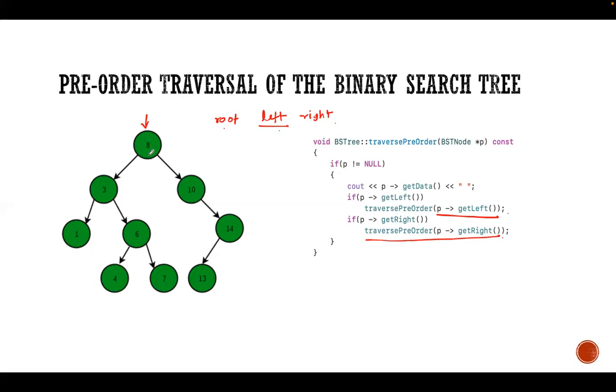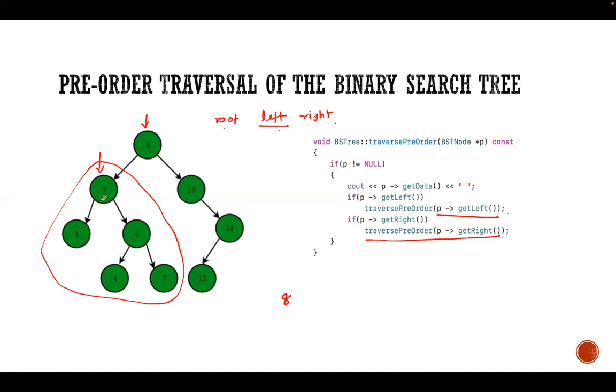So we first read the root 8. After that we'll go to the left. The left is a subtree, so it's not null. So we are going to do the same traversal with the left subtree. In this subtree, 3 is the root, and we're going to do the same process: root, left, right.